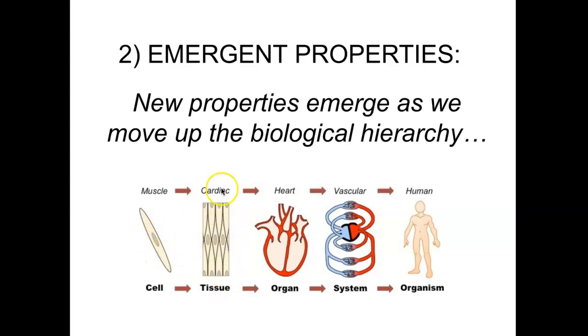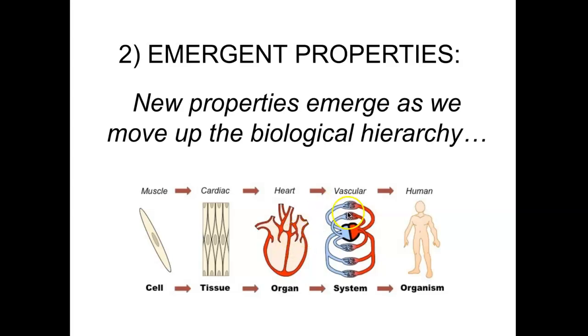When it comes together as a tissue, they can contract together, which is something it couldn't do in the prior level. Then we have different tissue types, including this specific muscle tissue, plus other tissue types coming together to make up this organ, the heart, right? And so the organ is much more complicated. It's able to pump blood to both the lungs as well as out to the body.